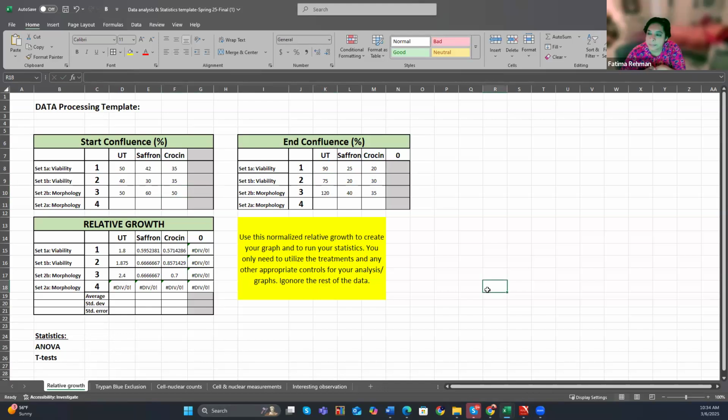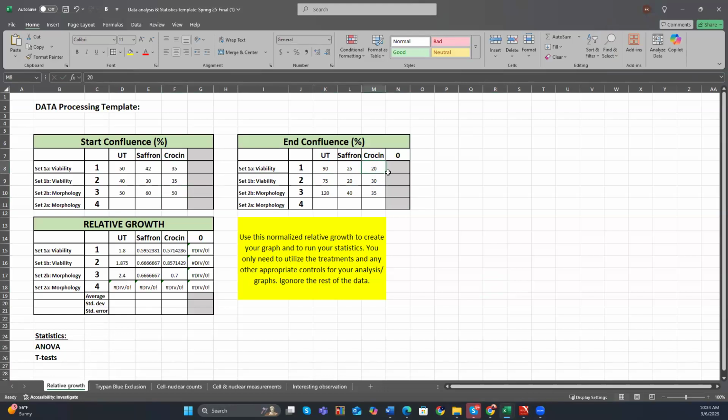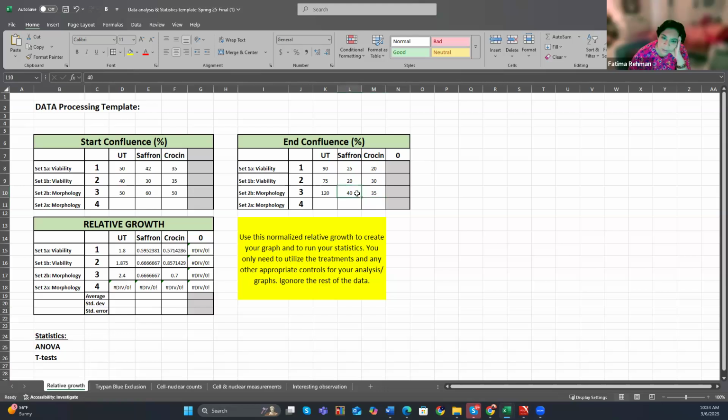What did you say? Varying results, because crocin has a higher cell count, for example, in viability 2 or set 1B, but then for the other ones it has a lower cell count than saffron. One time it's at 40%, and then you have 25, 20, and look at the variation in the untreated even, right? It's all over the place.